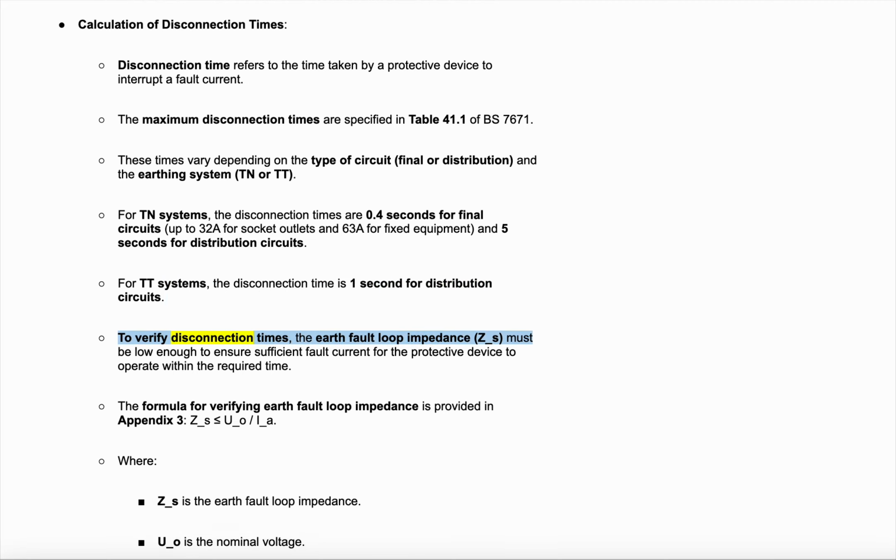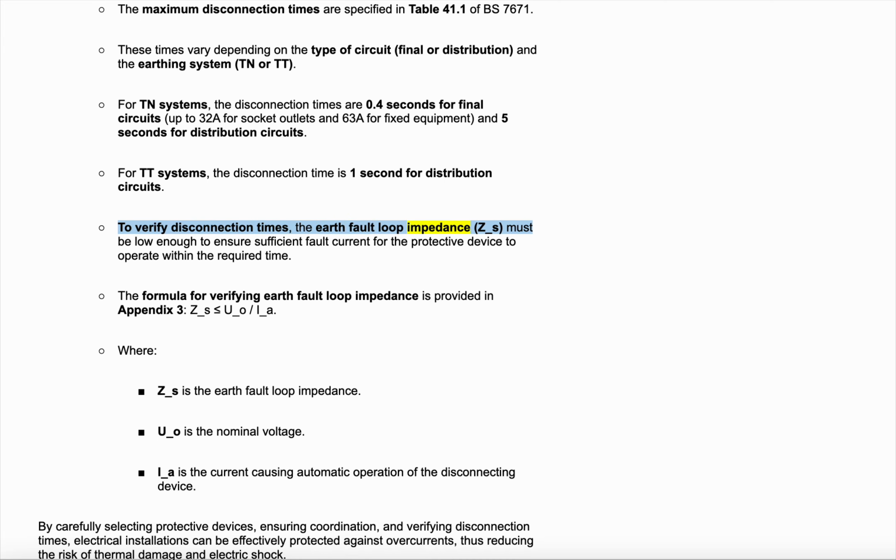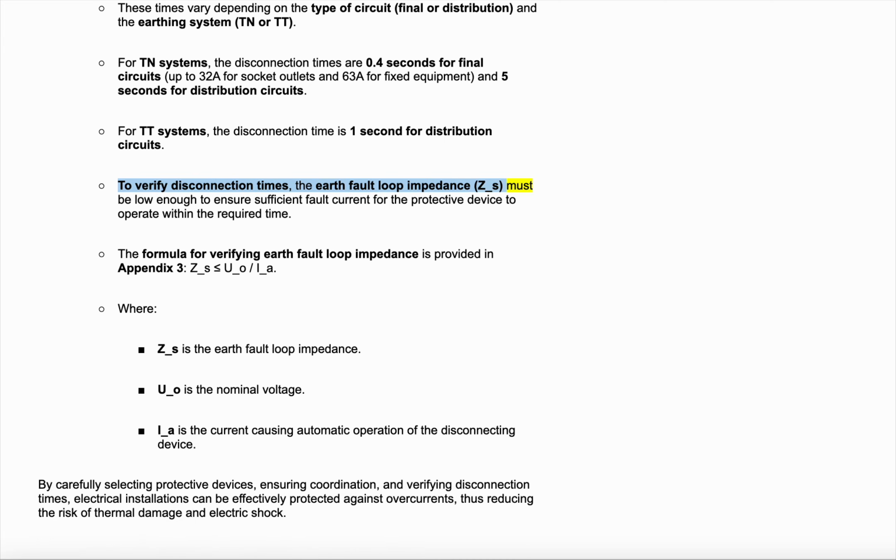To verify disconnection times, the earth fault loop impedance, Z_S, must be low enough to ensure sufficient fault current for the protective device to operate within the required time. The formula for verifying earth fault loop impedance is provided in Appendix 3: Z_S less than or equal to U_O/I_A, where Z_S is the earth fault loop impedance, U_O is the nominal voltage, and I_A is the current causing automatic operation of the disconnecting device.